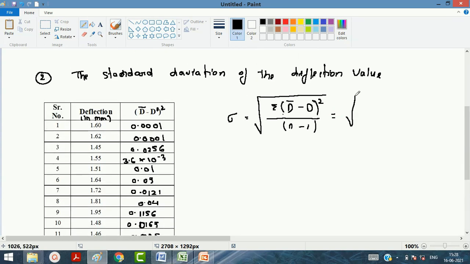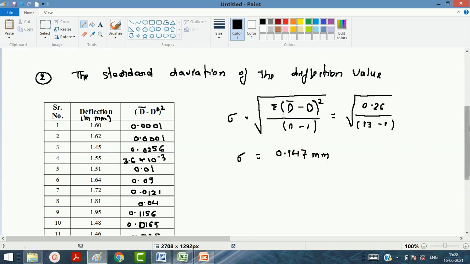Let us put this value in our formula. It is the square root of the summation of (d bar minus d) the whole square, 2.26, divided by n minus 1, that is 13 minus 1. So sigma we get is 0.147 mm.